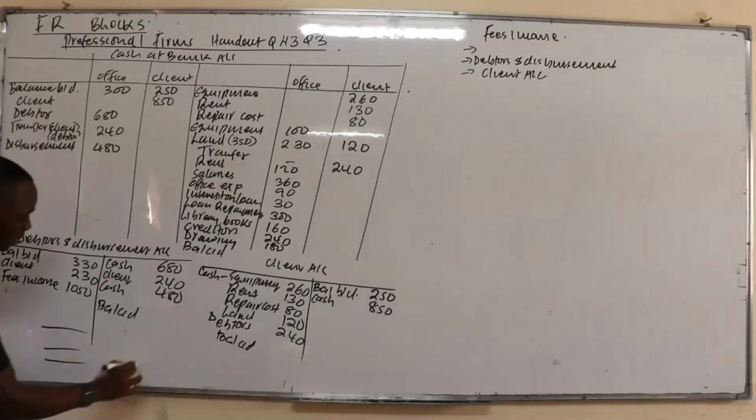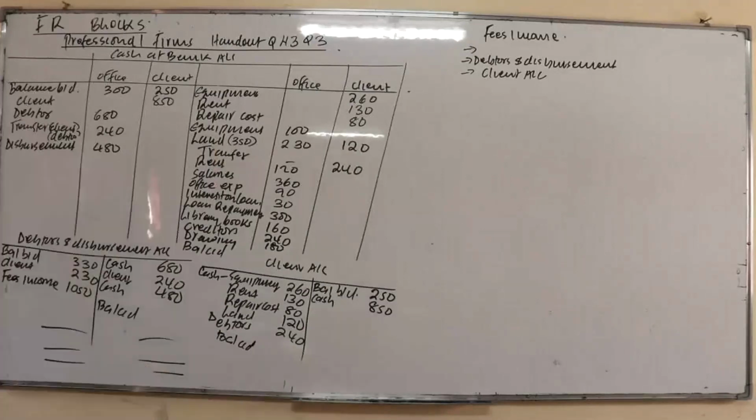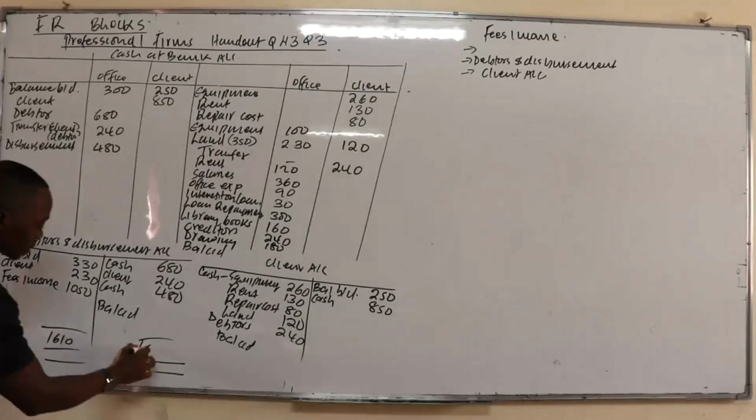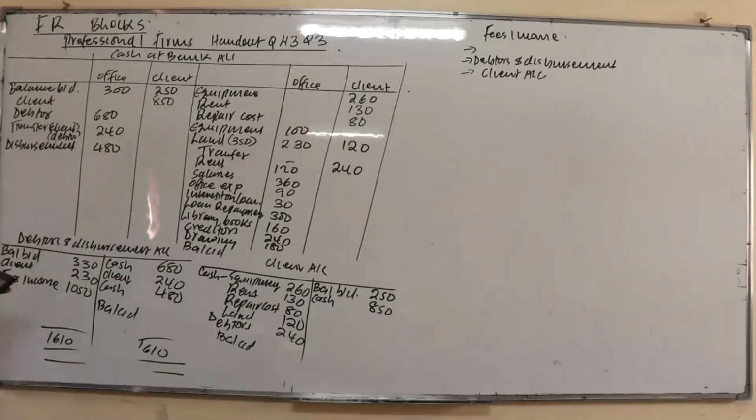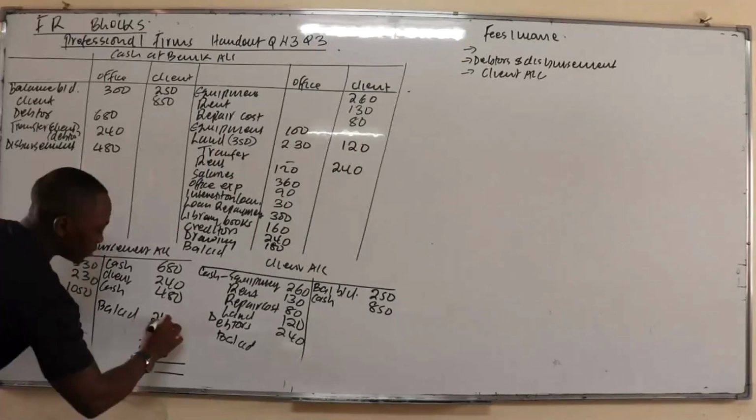So here we have 210. That's the balance carried down. We go to the balance sheet.